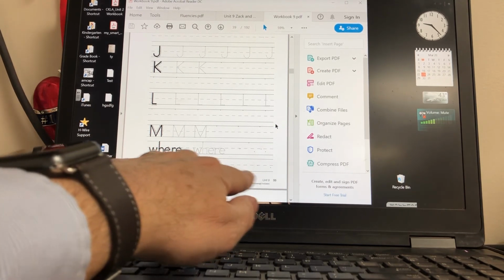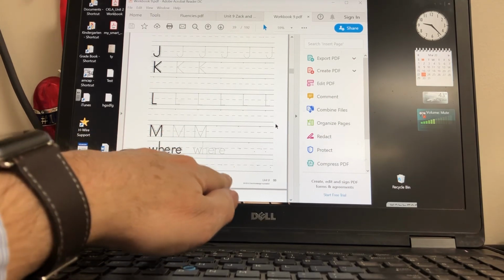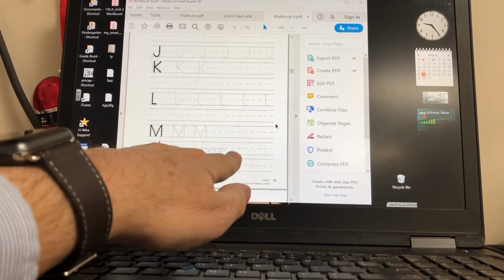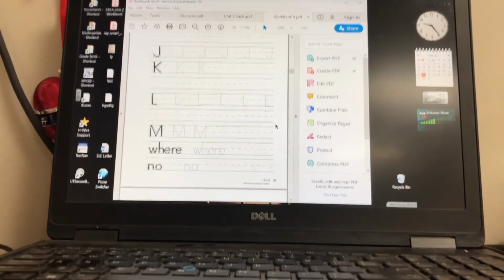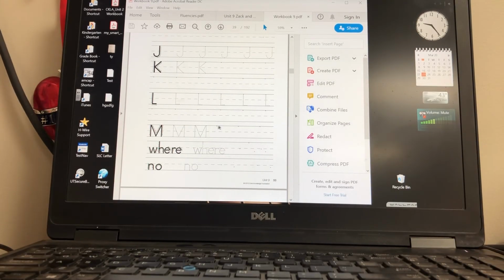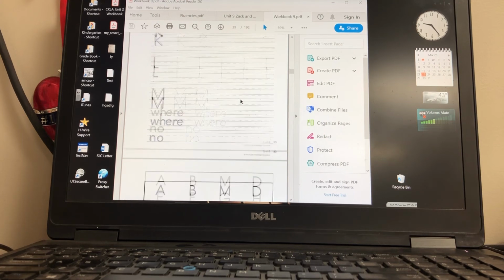It looks like you could fit no. Oh, I think they actually have the dots for you to write no twice, and they have the dots for you to write on your own the word where once. These dots are for you to begin the letters. So 2 traces of M and then 3 practices. Lots of practices with L, 5 traces, and then 6 writings. Okay? Do your best work on these.